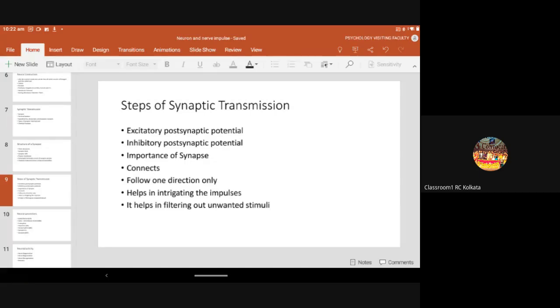It also helps just like a filter paper. It filters out the unwanted stimuli.